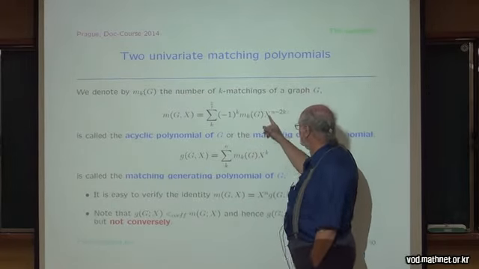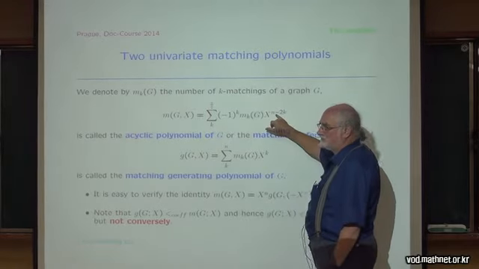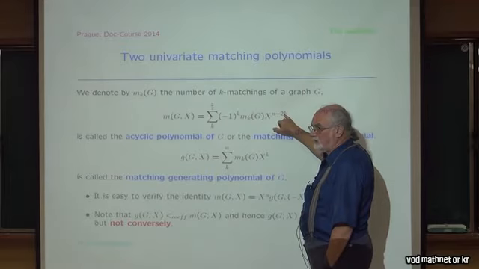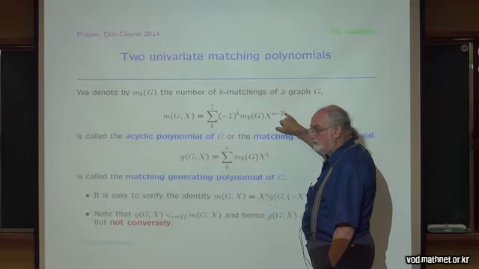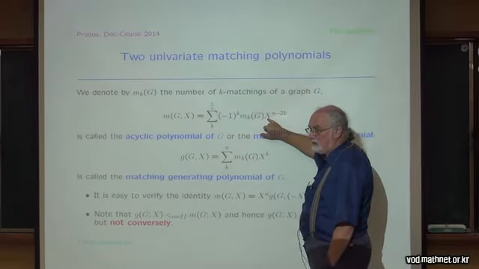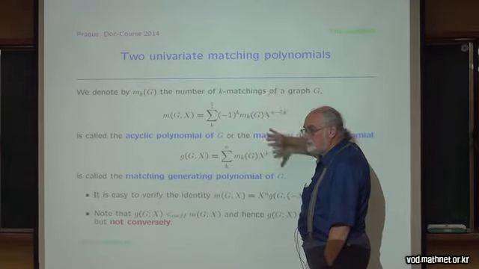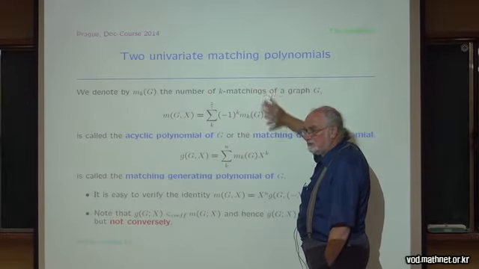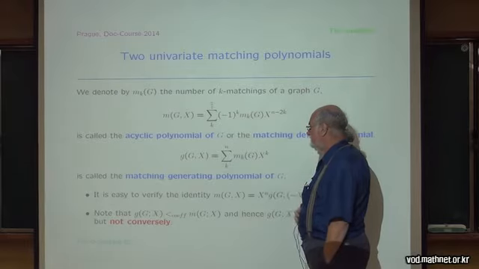But actually, what is this x^(n-2k)? n is the number of vertices, and 2k is the number of vertices used by a k-matching. So this is x to the power of the number of vertices which are not covered by the matching. Okay? And for some reason, this is what they wanted.